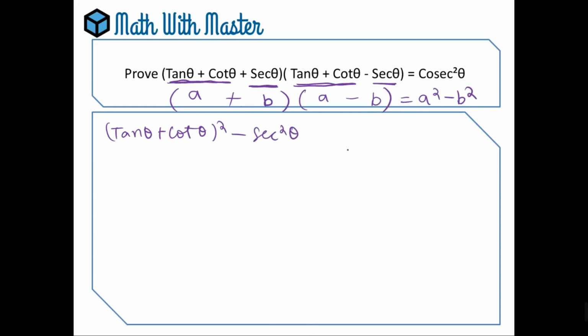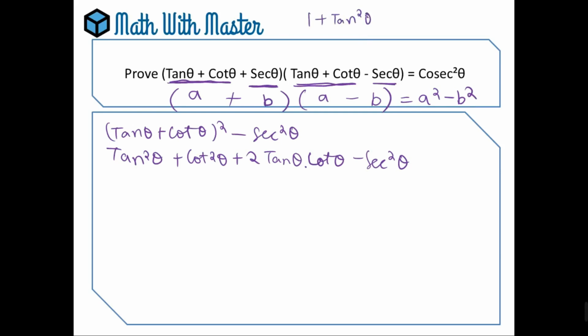Now we will open this bracket, (A plus B) whole square, A square plus B square plus 2AB, minus sec square theta. So now we know that 1 plus tan square theta is equal to sec square theta. Then sec square theta minus tan square theta is equal to 1.